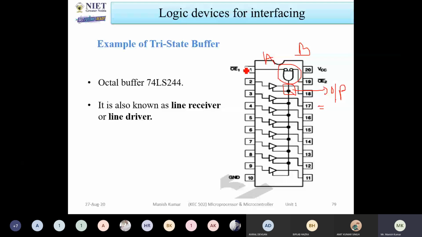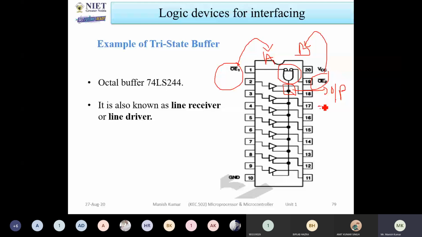With the OE2 enable, we are supplying the B input. What is the output of this gate? Sir, A bar dot B bar. So when you simplify A bar dot B bar, what you will get? Use De Morgan's theorem. A plus B whole bar.